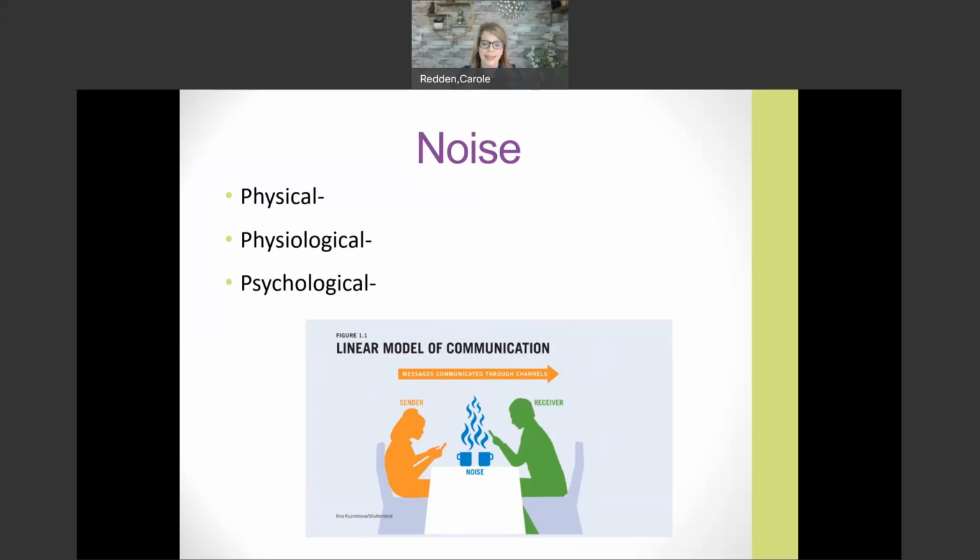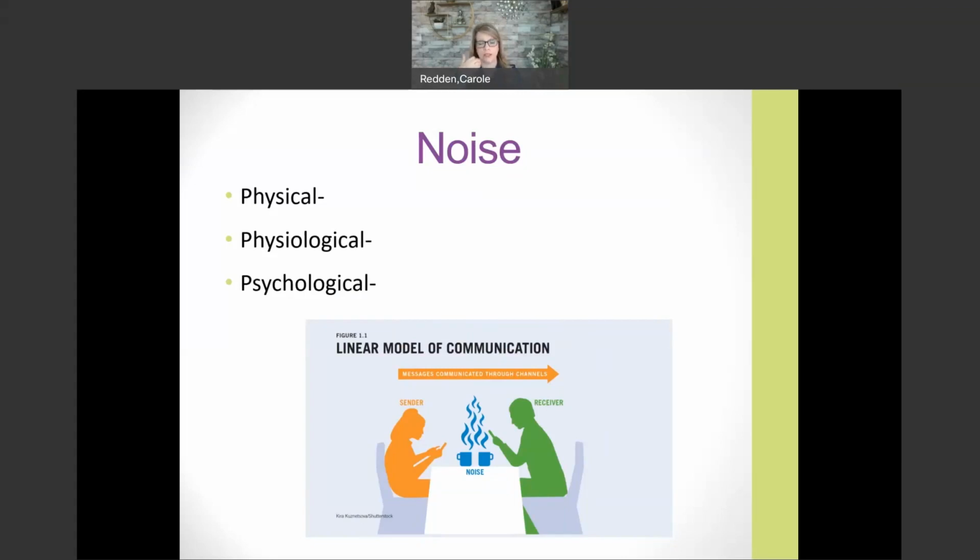And so their physiological bodies were probably not receptive to receiving or sending messages very well, right? If you're hungry or tired, then there's something going on with your physiology that's going to keep you from being an effective communicator. The third type is psychological noise or interference.